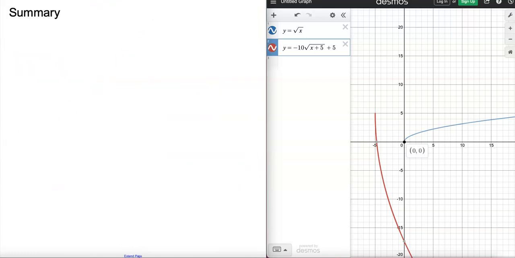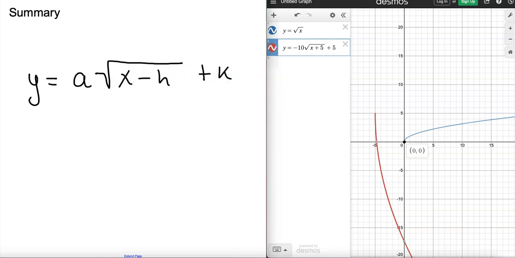If I'm given a basic square root equation, with some number on the outside, times the square root of some number on the inside, and then some number on the outside, I know that the value inside is going to cause it to shift left or right.